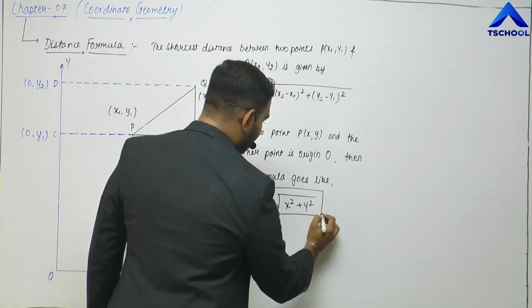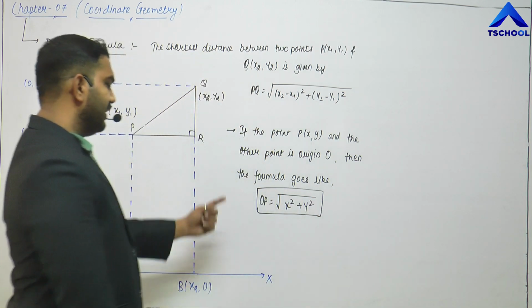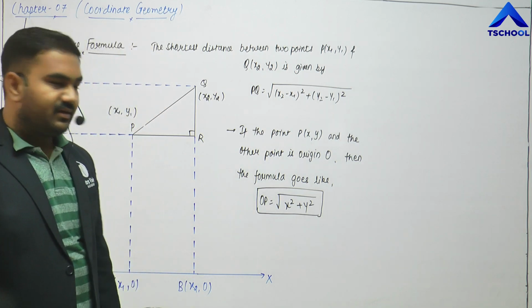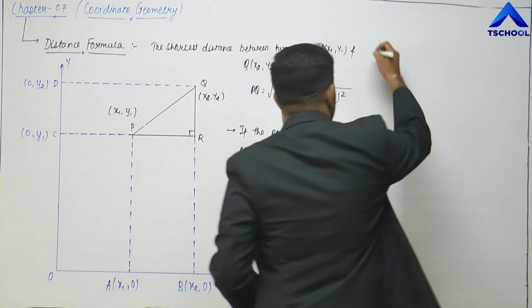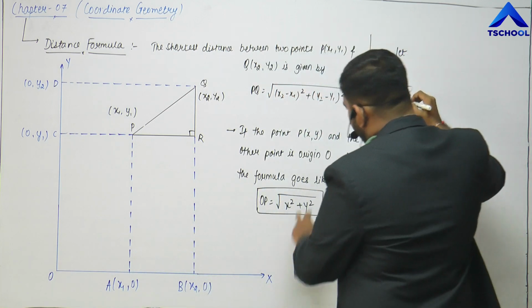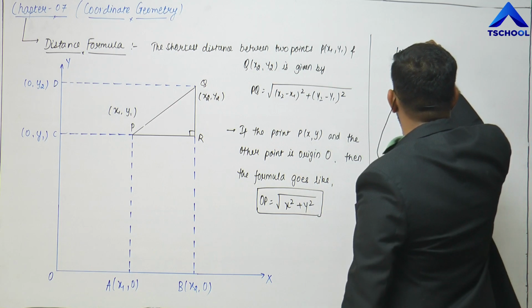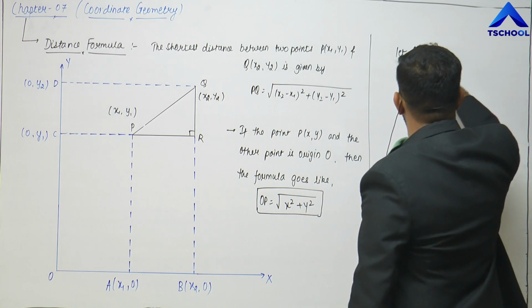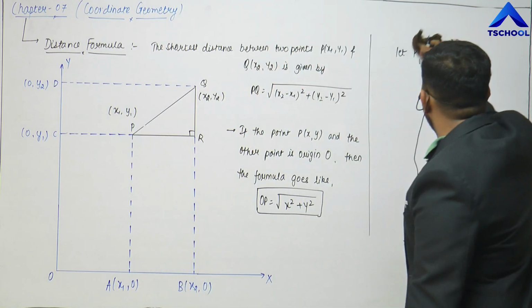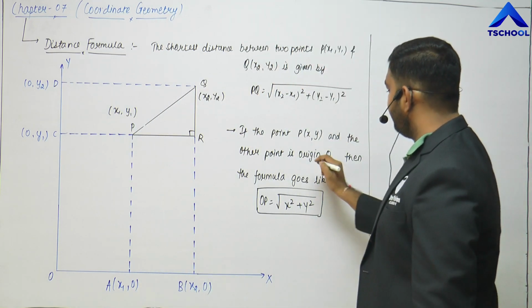I am solving here how it follows, right? OP is equals to square root of x square plus y square. Now friends, I am solving the proof of this. Let me take the origin first. What are the coordinates of origin, friends?